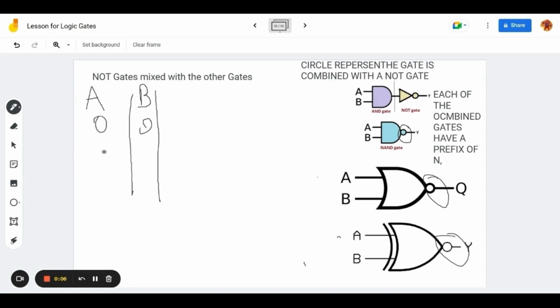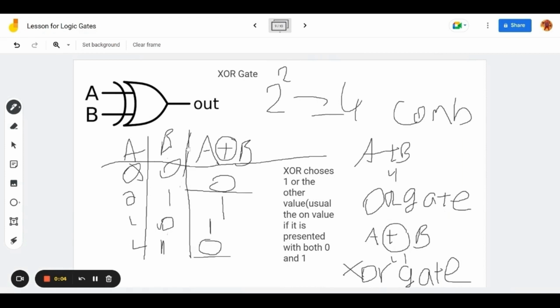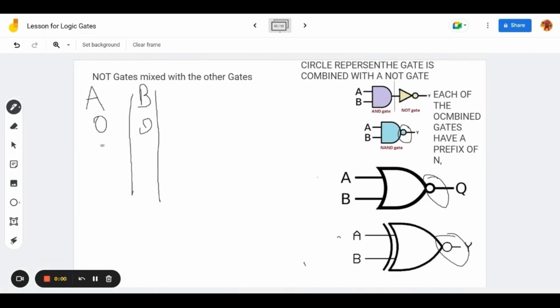0 0. Again, it'll be the same truth table as they all have the same number of inputs. 0 0 1 1 0 1 1. So we're doing it for an AND gate.